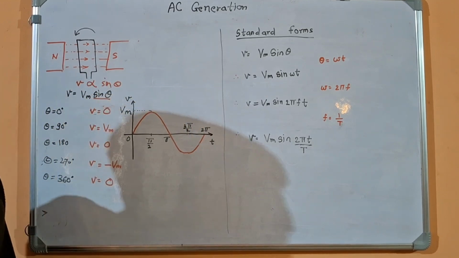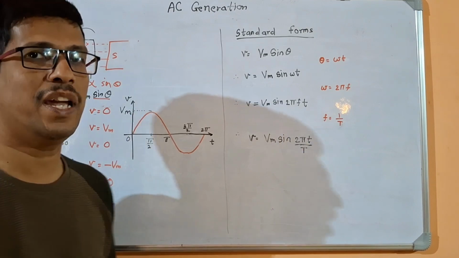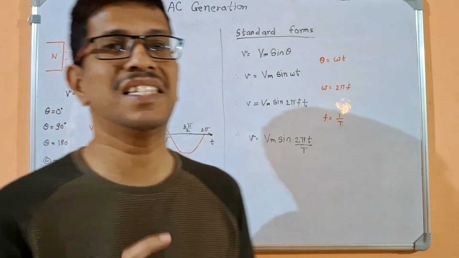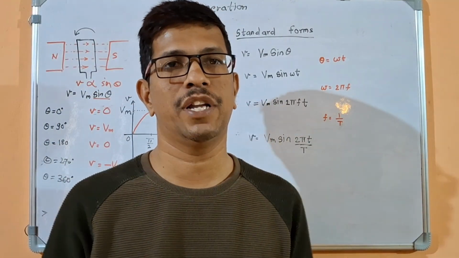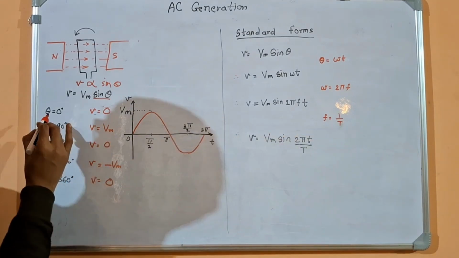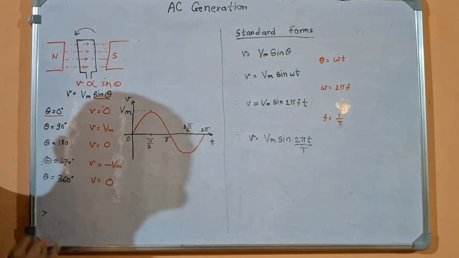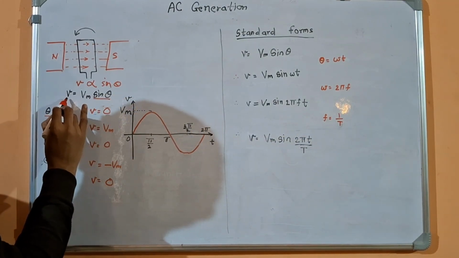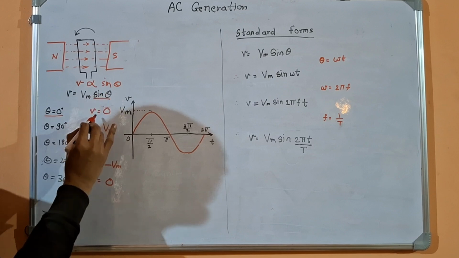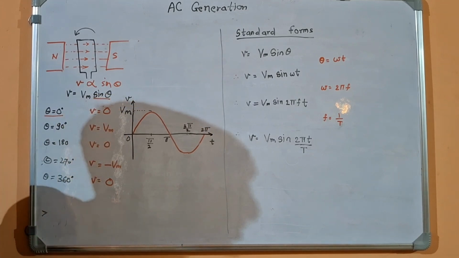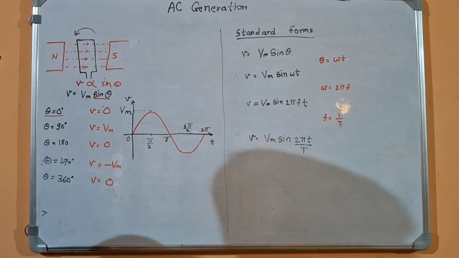And in equation form we can write V is equal to Vm sin theta, where Vm is the maximum value attained by that voltage. Okay, so for every different instant, suppose theta is equal to 0 degree, we will get V is equal to Vm sin 0, so the instantaneous value of that voltage will be 0.